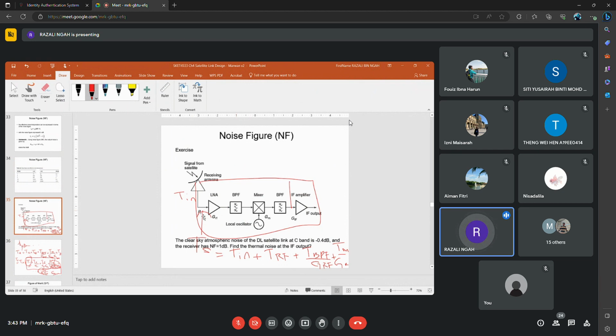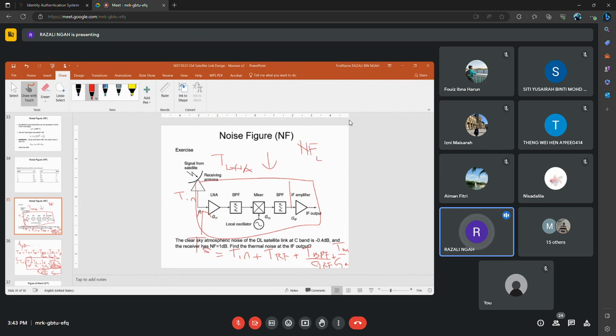The first component contributes significantly to the overall noise temperature. That's why for the first component we normally use a low noise amplifier, which has a very low noise temperature. In principal communication, normally we refer to noise figure.